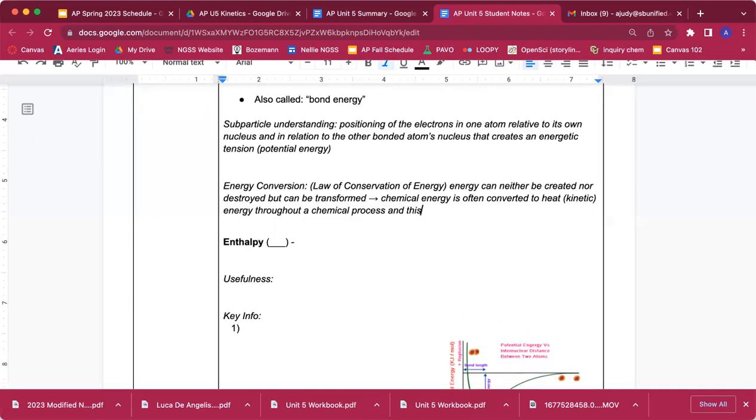And this heat energy is released or absorbed.